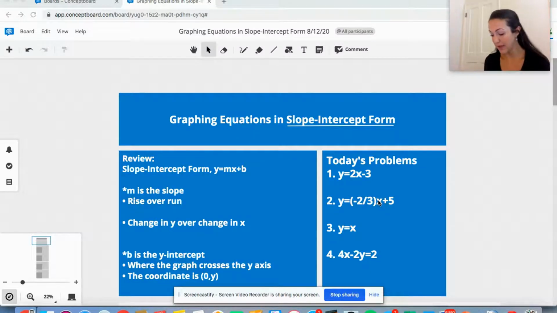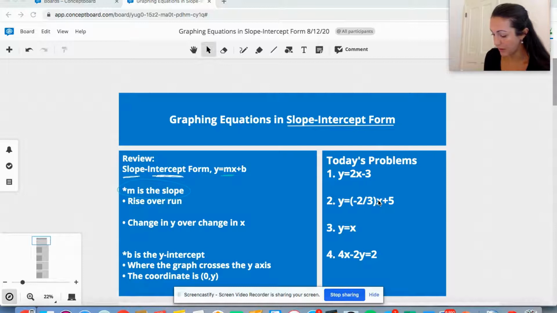Before we actually get to the graphing, I just want to review the components of slope-intercept form. That is the slope and the intercept. The equation that we use is y equals mx plus b, and our m is the slope.